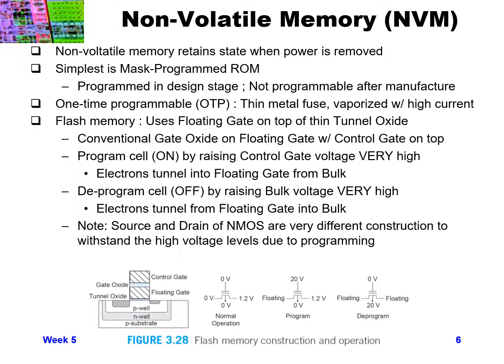So what you can do is you can program this cell by taking your control gate on the top of the cell and bring it to a very high control gate voltage.